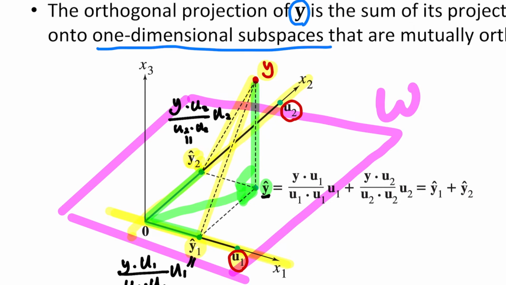So in other words, y hat is equal to y hat 1 plus y hat 2. So finally, we can represent y hat as something like this, right? So in other words, we can easily extend y hat to the higher dimensional case rather than two vectors.